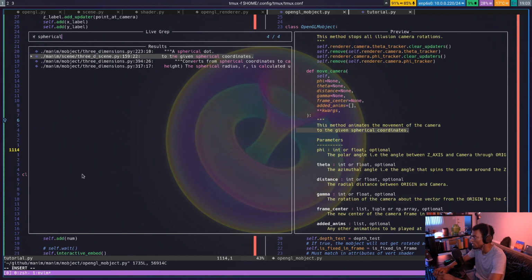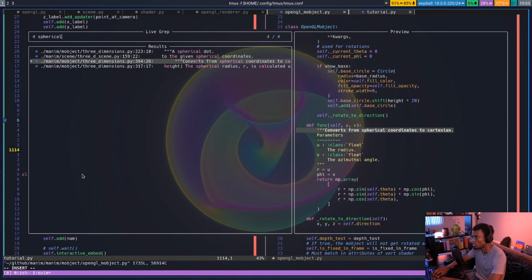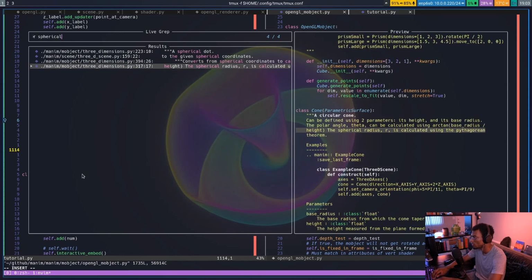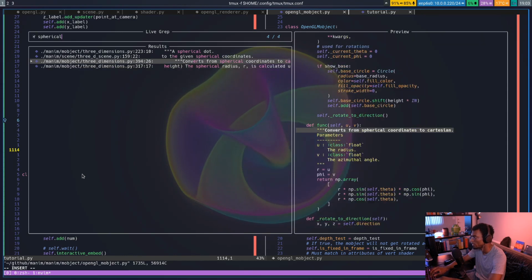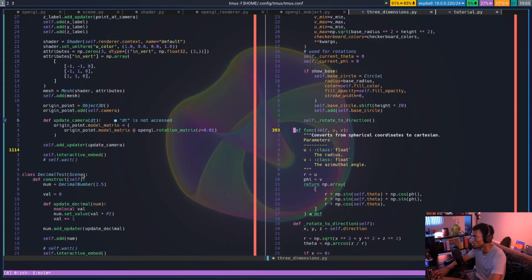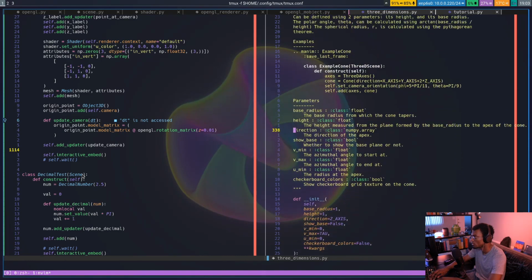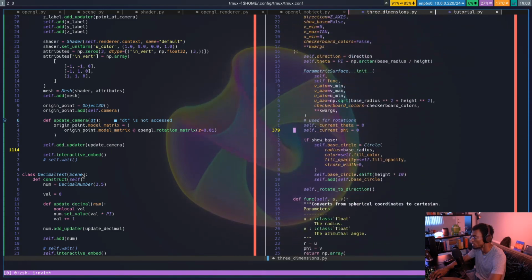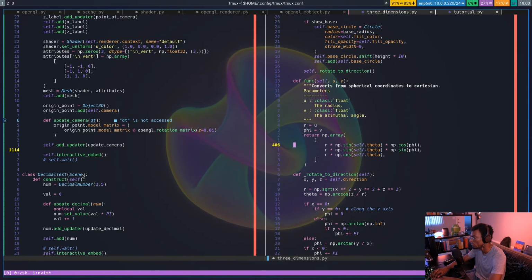Move camera. Animates the movement of the camera to the given spherical coordinates. I feel like that does too much. Converts from spherical coordinates to Cartesian. Why is this just called func? Oh, there's only a specific thing for cone.